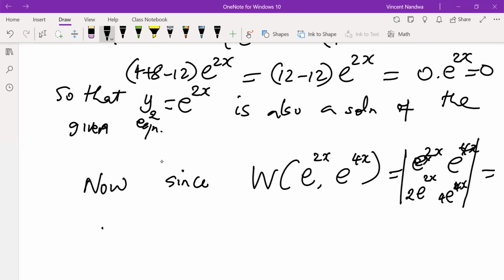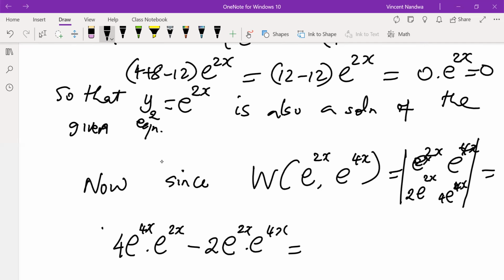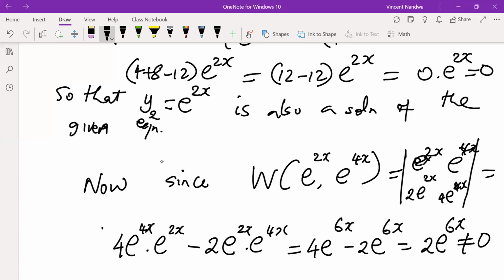This is given by 4 e raised power 4x times e raised power 2x minus 2 e raised power 2x times e raised power 4x, which is 4 e raised power 6x minus 2 e raised power 6x, which equals 2 e raised power 6x, and this is a non-zero value.